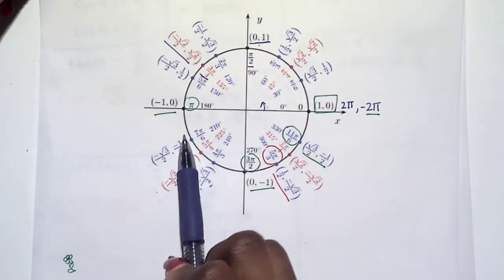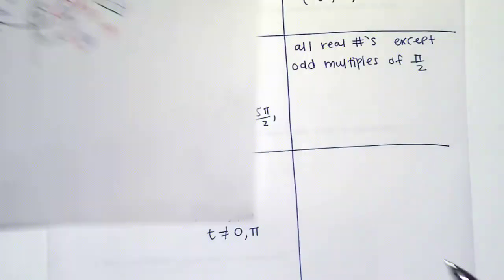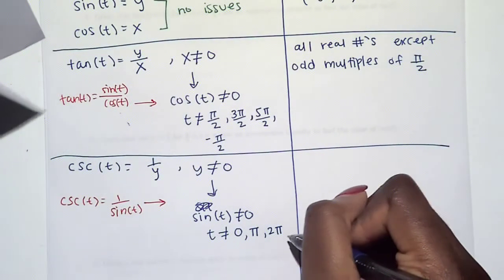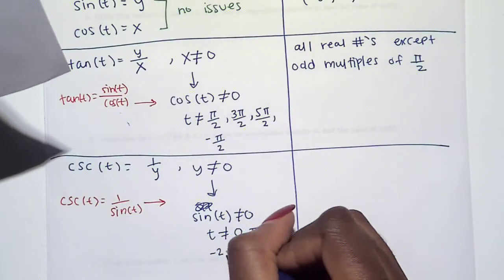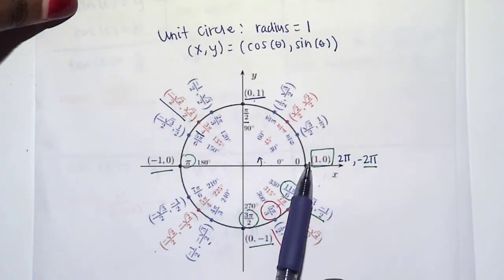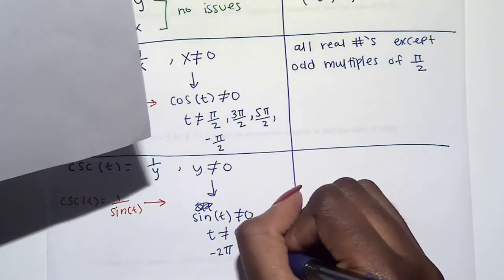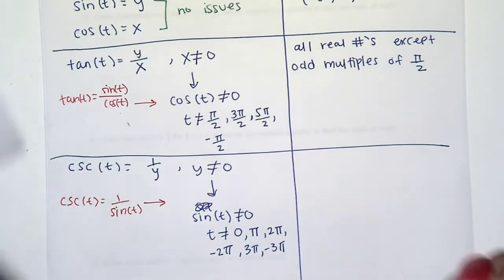And we can keep going around, 2 pi, negative 2 pi. So let's see, we went around, got to 2 pi, we can go again, that would be 3 pi, or negative 3 pi. So basically, if you plug all of these numbers and many more into sine, you'll get 0.